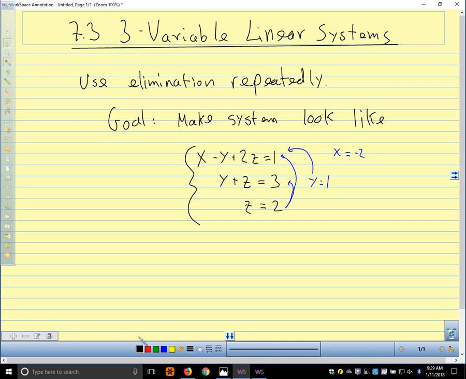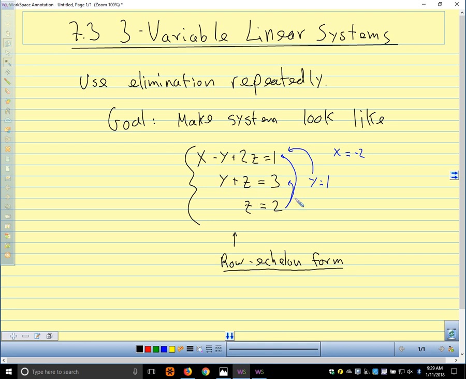When we get our system of equations in this form, where there's no x in the second row and there's no x or y in the third row, we call that row echelon form. So the problem may ask you to solve the system of equations by getting it into row echelon form.